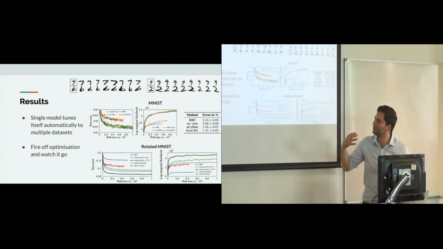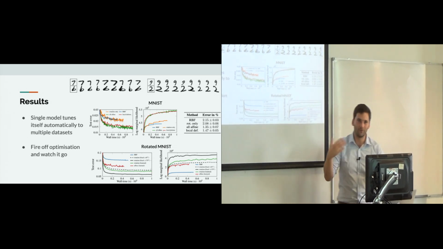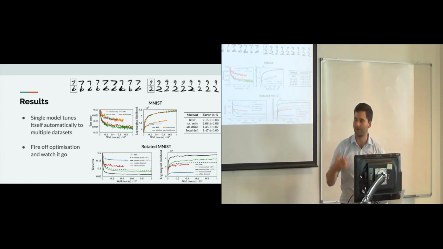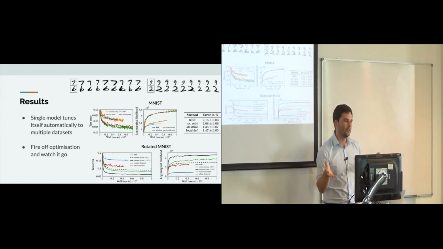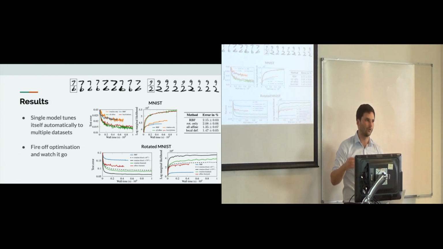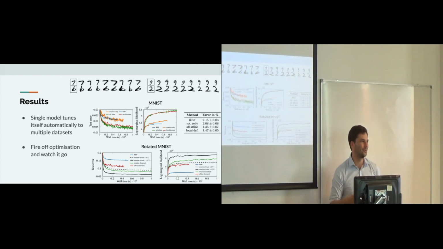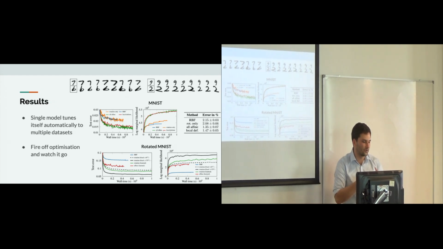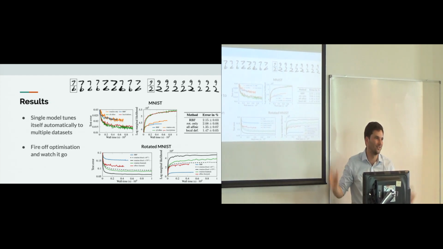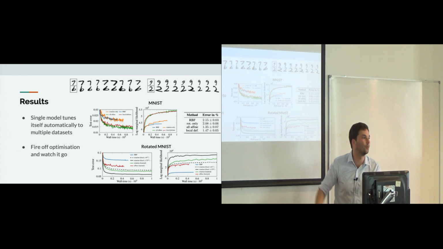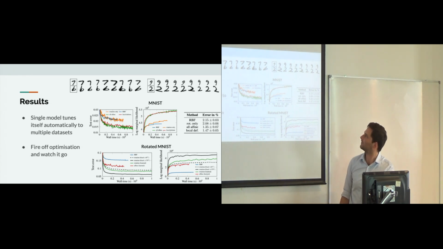So I think this really illustrates the power of this automatic tuning of hyperparameters, because if you wanted to do this in a deep learning setting, you'd have to do cross-validation over specifically designed neural networks that have particular invariances built into them. But in the beauty of the Bayesian framework, where you've got this marginal likelihood, you can just set something off with optimization and optimize the marginal likelihood, and it will automatically find the right thing to do.